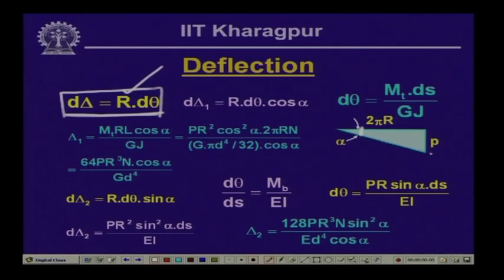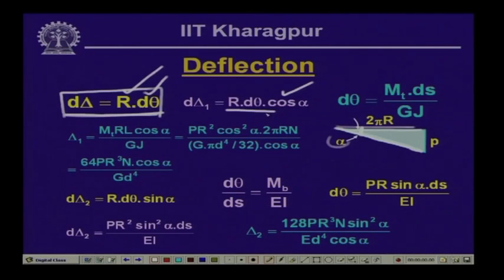Here that angle is very large, where the length 2 pi r virtually becomes this length, so it has an inclination alpha. So, the deflection which we had, equal to r d theta, will in this open coil be r d theta cos alpha because of the twisting moment T, and because of the bending moment it will have r d theta sin alpha.